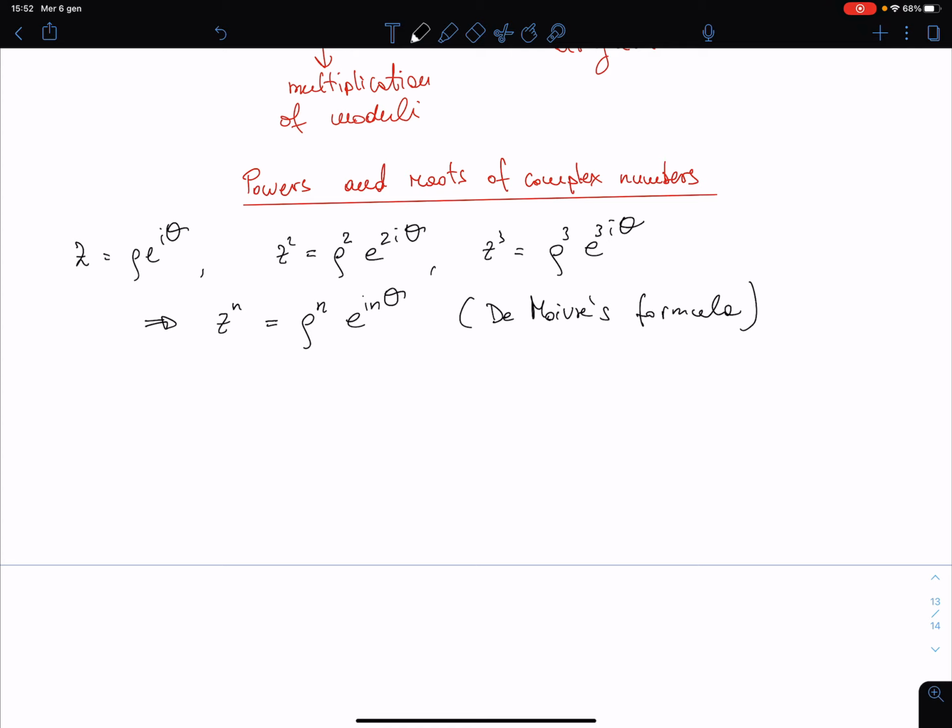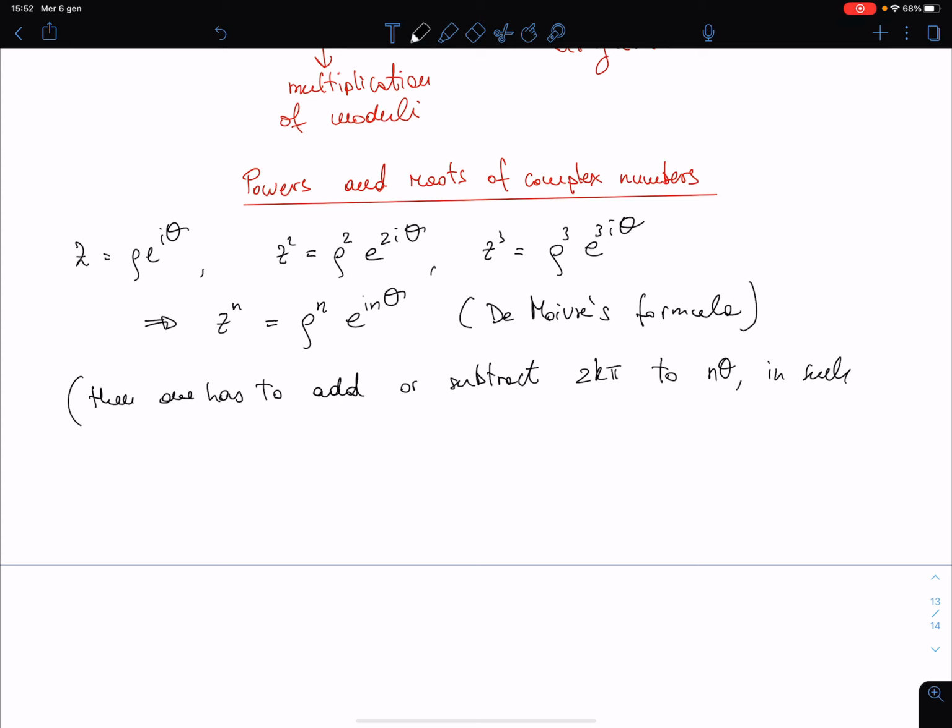and of course then one has to add or subtract 2k pi to n theta in such a way that n theta plus 2k pi lies in 0 to pi, or the interval of the argument that we want to use.